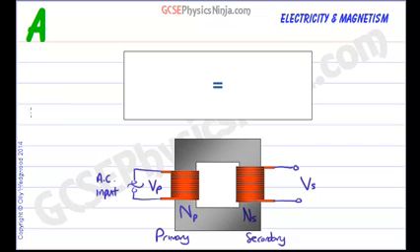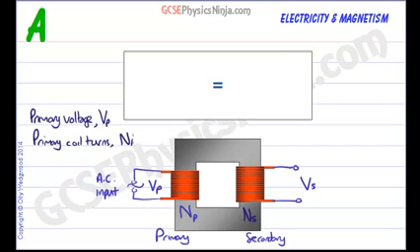So the primary voltage, that's Vp. The primary number of turns, the primary coil turns, that's Np.